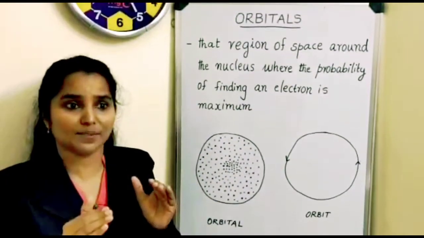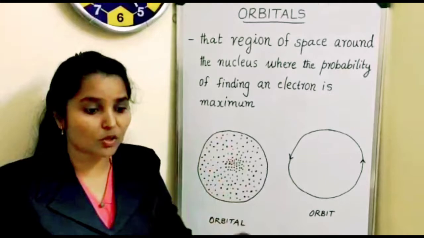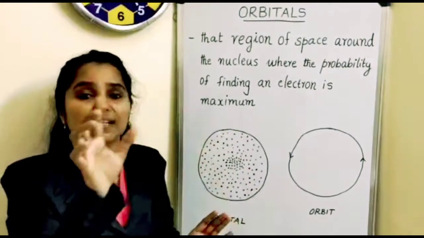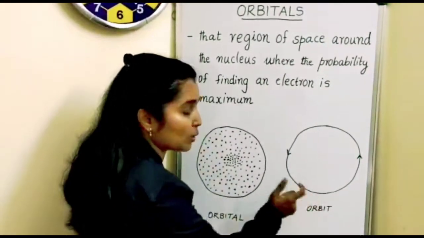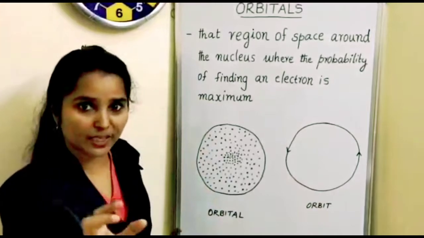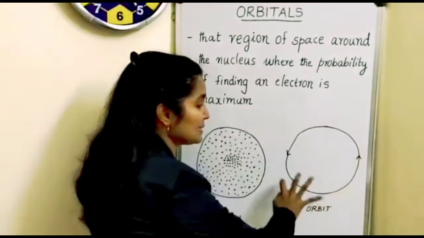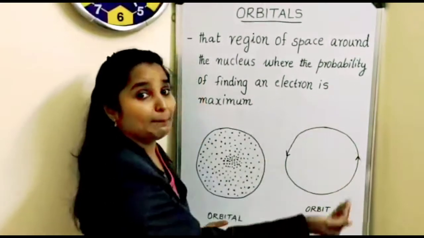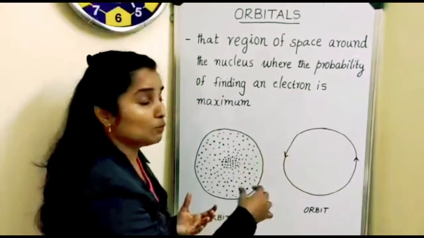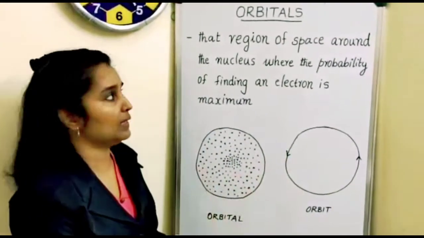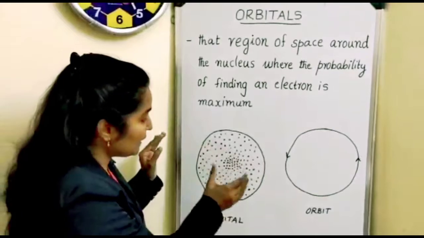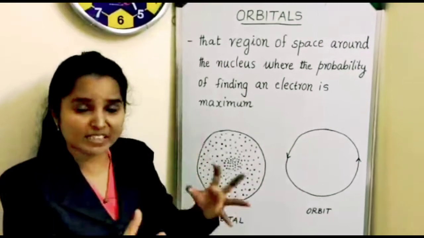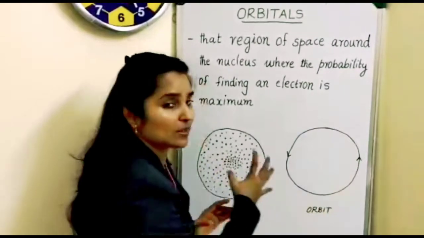That means the presence of the electron is not going to be in a fixed circle at all. You can see here, this is the orbit concept you had so far. But this is going to be ruled out with a better understanding about the movement of electrons around the nucleus, that is, the probability of finding the electron in a region instead of in a particular circle.